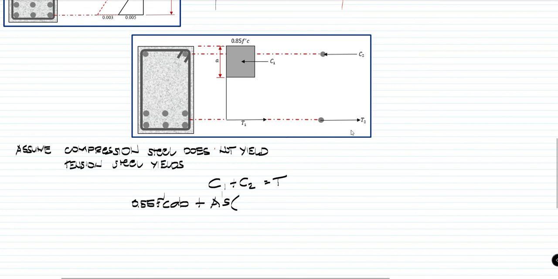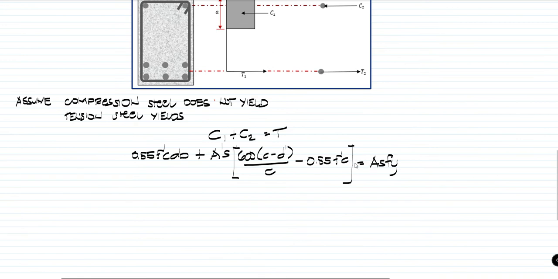So we will substitute the equation here for F prime S, which is 600 times C minus D prime over C, minus 0.85 F prime C. That is equal to AS, and our steel stress will be Fy since we assume that our tension steel is still yielding.